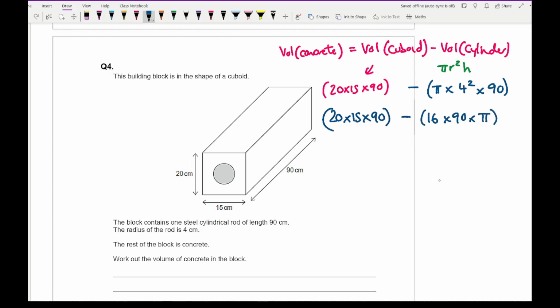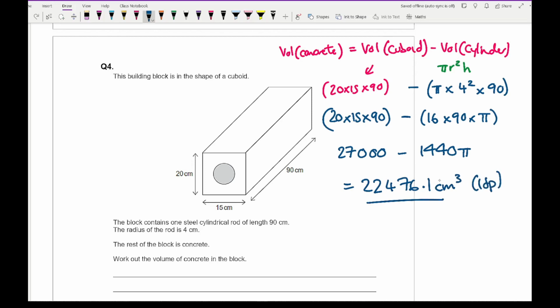And typing that all into my calculator, I get 27000 minus 1440 pi, and working that on my calculator, I get an answer of 22,476.1, and that's going to be in centimetres cubed, and that's been rounded to 1 decimal place.